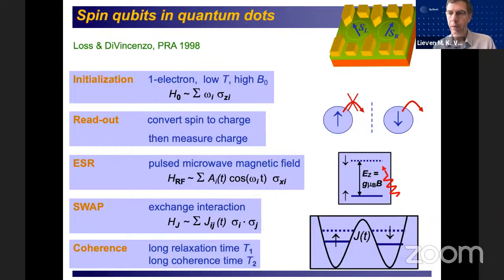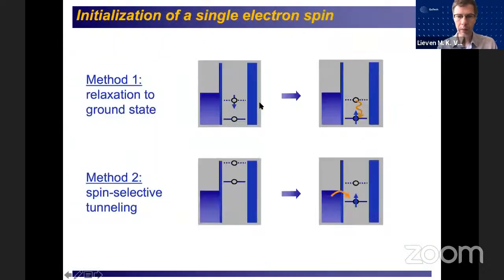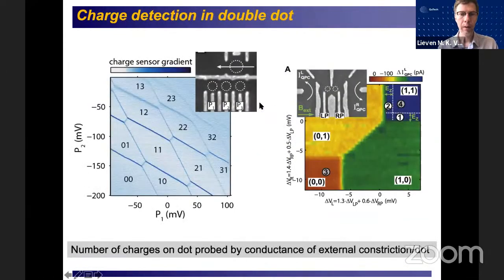I see another question. The fact that not every dot has direct access to the reservoir, is that a problem? Well, it's a complication, but we have learned to work with it. To reach the middle dot, we will have electrons pass through the ones on the outside. And we have learned, for instance, how to tune up 8 dots in a row without much difficulty, just by forming them one after the other and filling them one after the other.